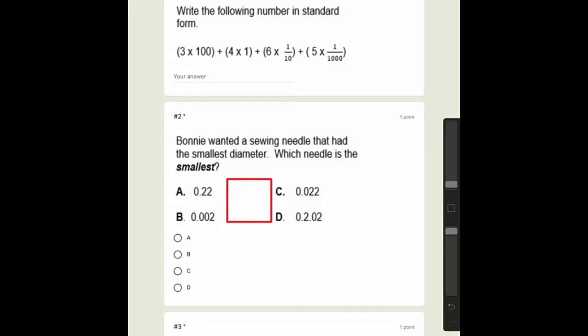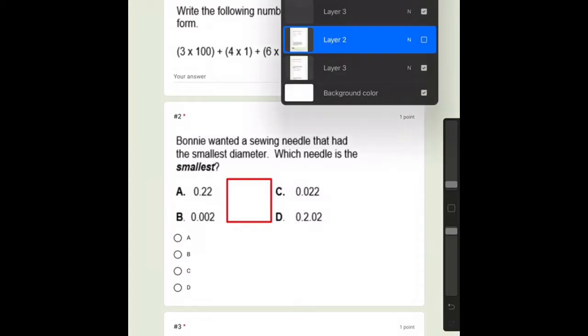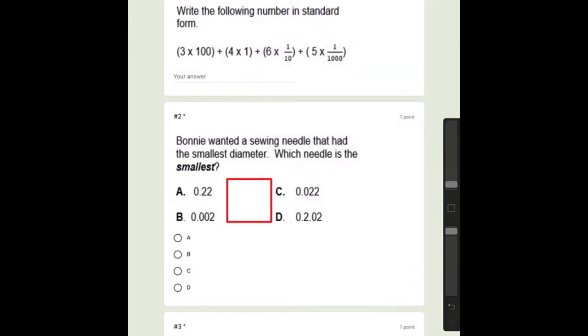So, first problem, write this number in standard form. Remember, standard form is just writing the number in its regular way. So, I have 3 times 100, which is 300. 4 times 1, which is 4. 6 times 1/10, which is 6/10.